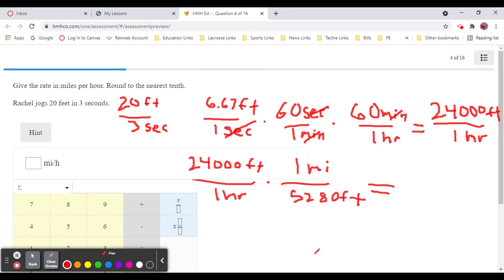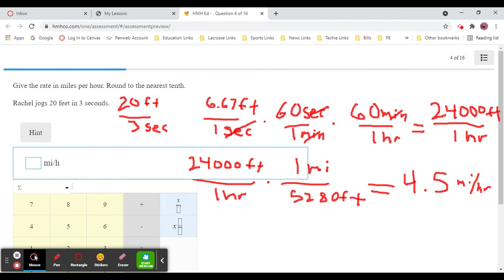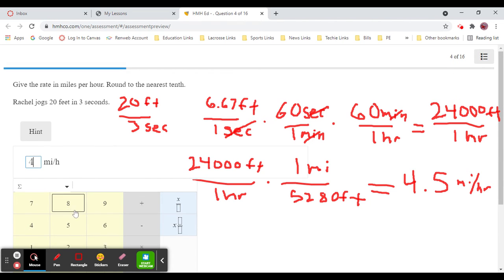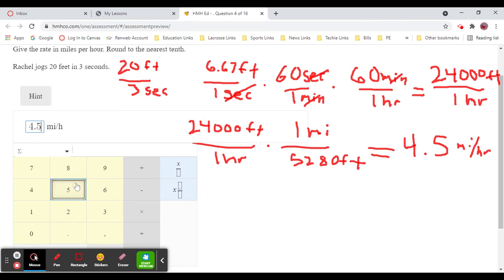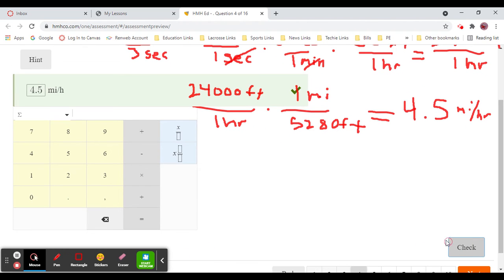So I'm going to take this and divide by 5,280 feet. And that gives me, oh, whoops, I got the same thing. 4.5 again. And I'm not going to write the units out. You know what, all right, I'll write it out. Miles per hour. Okay, back to this. Here, 4.5. Check. Cool.